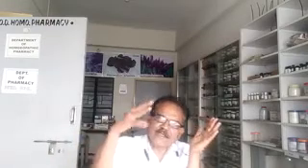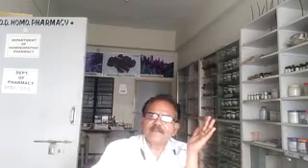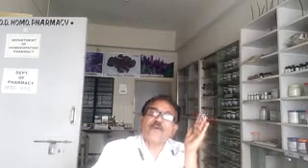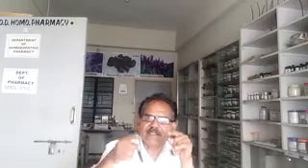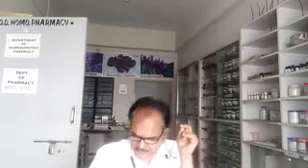That foot plate articulates with the oval window. See, this bone is called the stapes because it is shaped like a stirrup. It has a base, anterior limb and posterior limb.